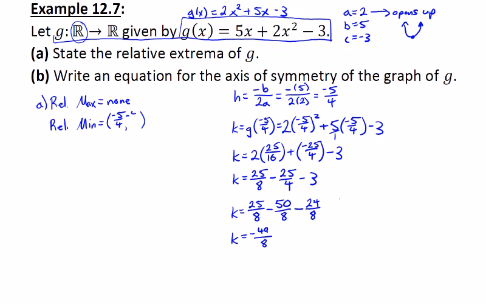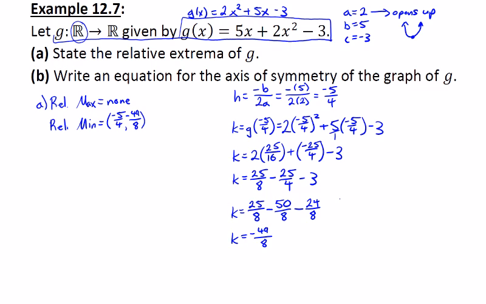So -49/8 represents the y value that goes with -5/4, and ultimately that is the h, k, that is the vertex for this function, which we know represents the relative minimum. That's part A.